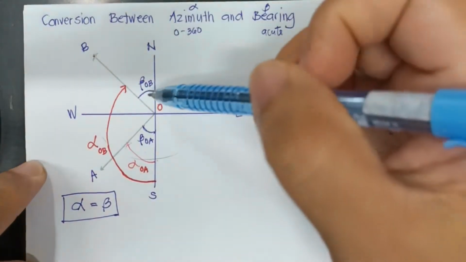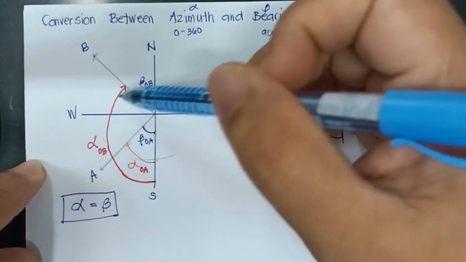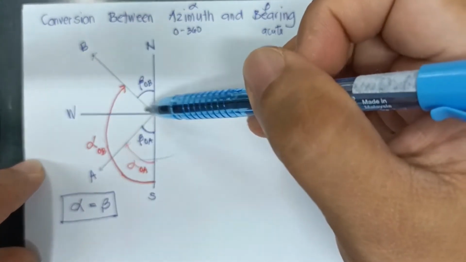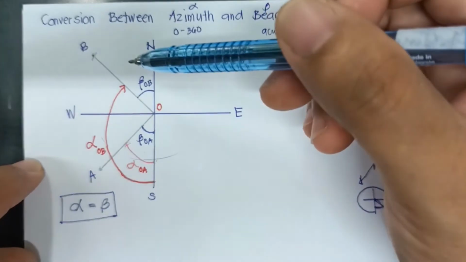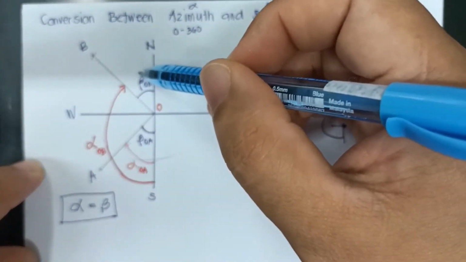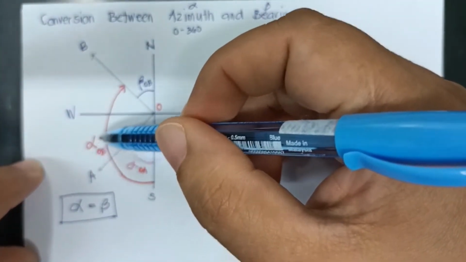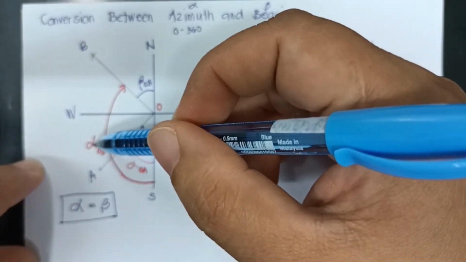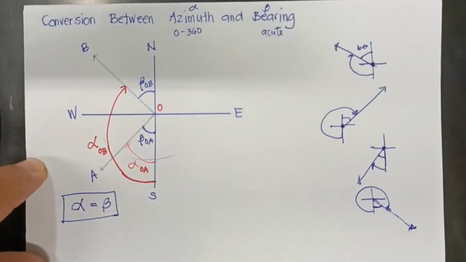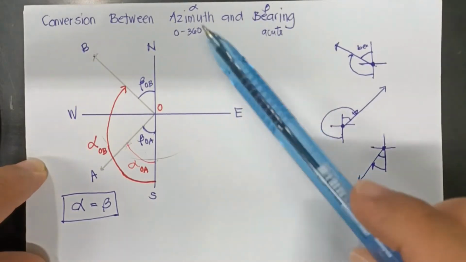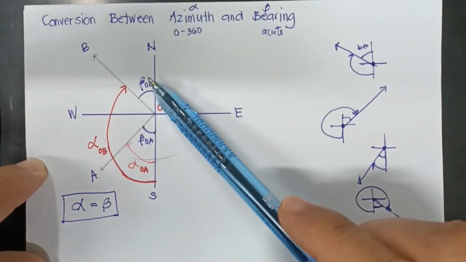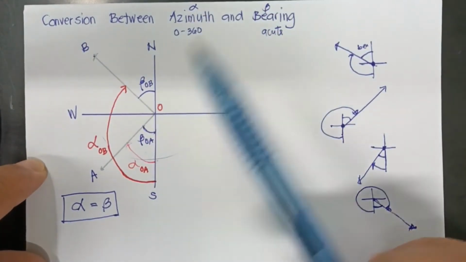Another, if the line is going in the northwest direction, so O to A, this is your bearing, and this is the azimuth. Now, what we are given here is either the bearing or the azimuth. So how are we going to show this?